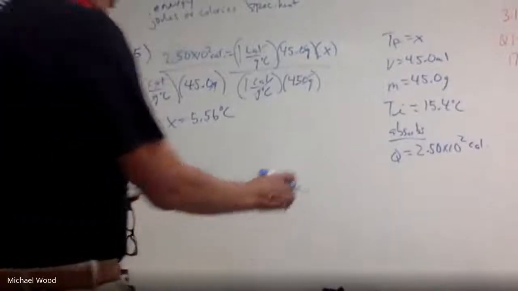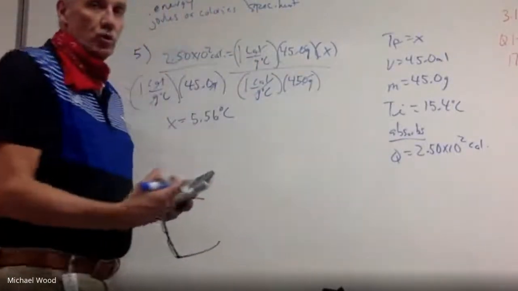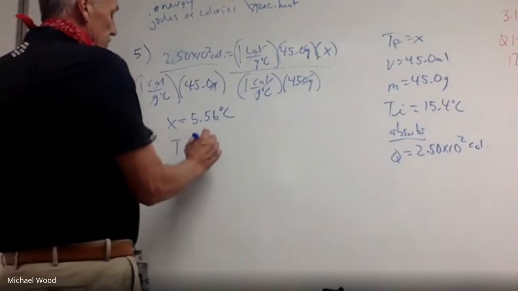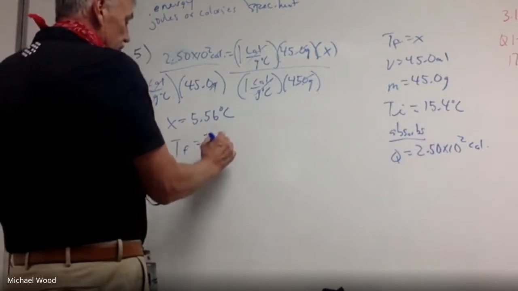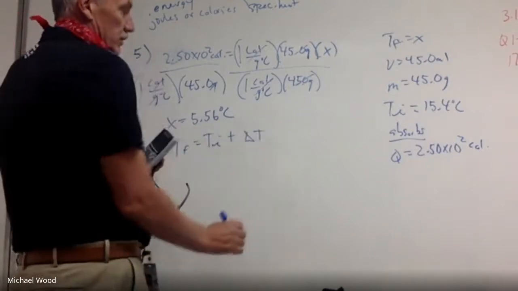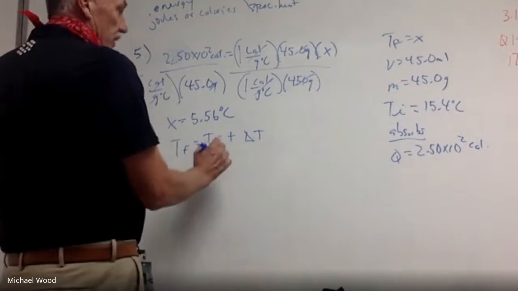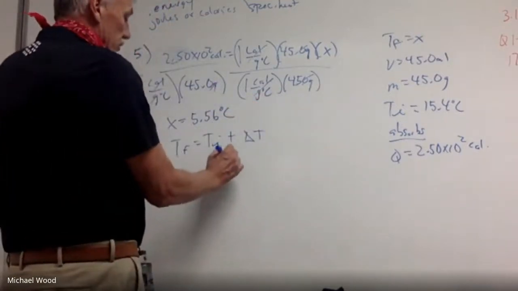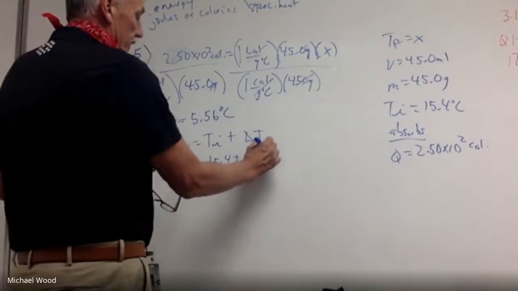And because energy was absorbed, the temperature should go up. So to get the temperature final, I'm going to take the temperature initial plus delta T. So I'm going to take the temperature initial, which was 15.4, plus 5.56.